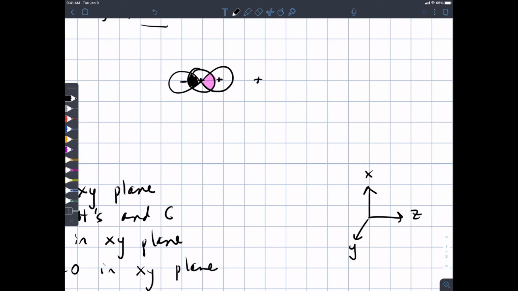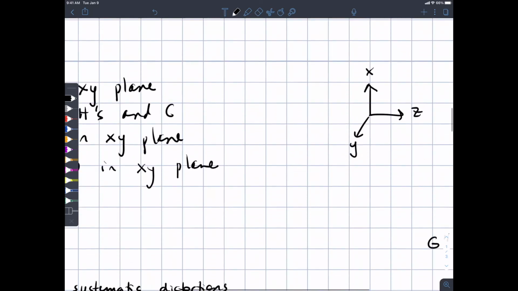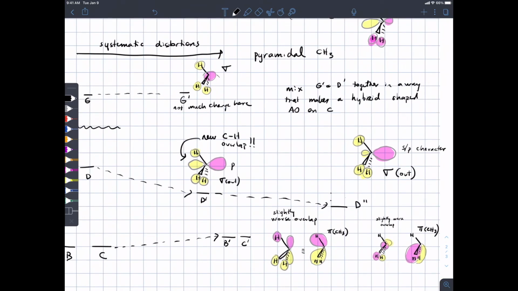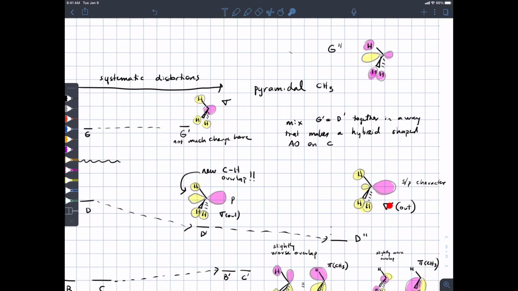So the magnitude of what you've got over here on the negative side is going to be smaller than what you've got on the positive side. And this rule number 7, whereby we mix this 2s orbital character in the G prime orbital with the p character in the D prime orbital, really is just a rule you have to remember to get the right answer.